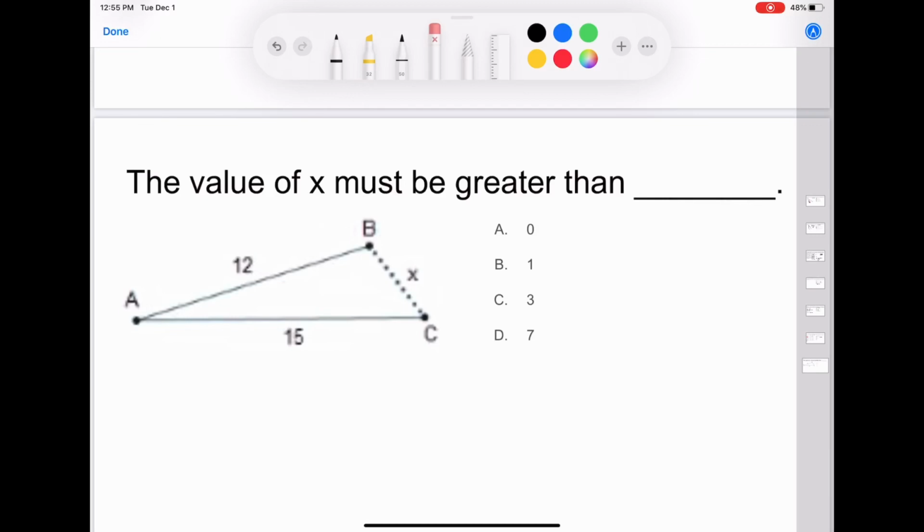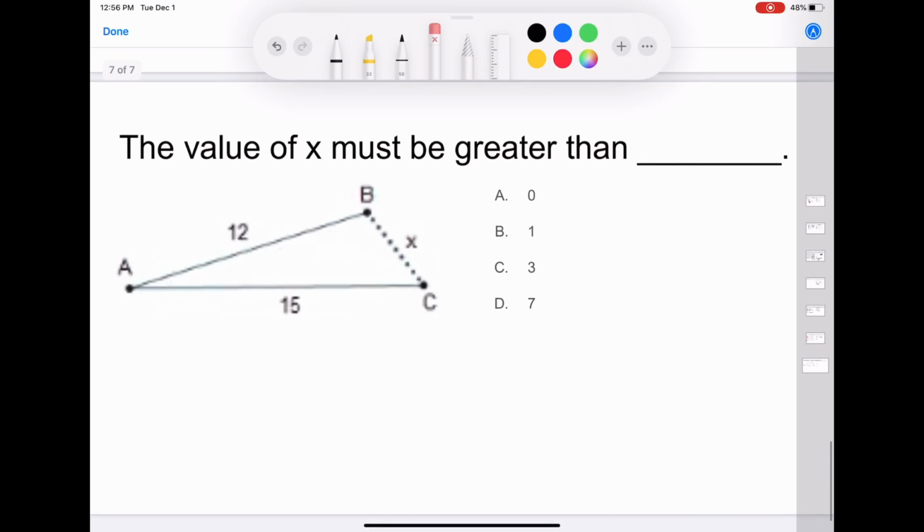We have this one. Here we are given 2 sides, and we're being asked to identify what the value of x must be greater than. So in this instance, we're going to use a very similar problem, but just a little bit different.